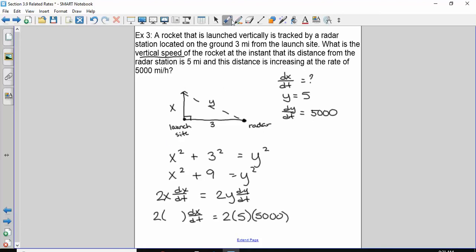I'm talking about the particular instant in time when this side is 5, this side is 3. Can you find what x has to be at that instant? Yes. So if we needed to find the x that went along with this, we could do x squared plus 3 squared equals 5 squared.